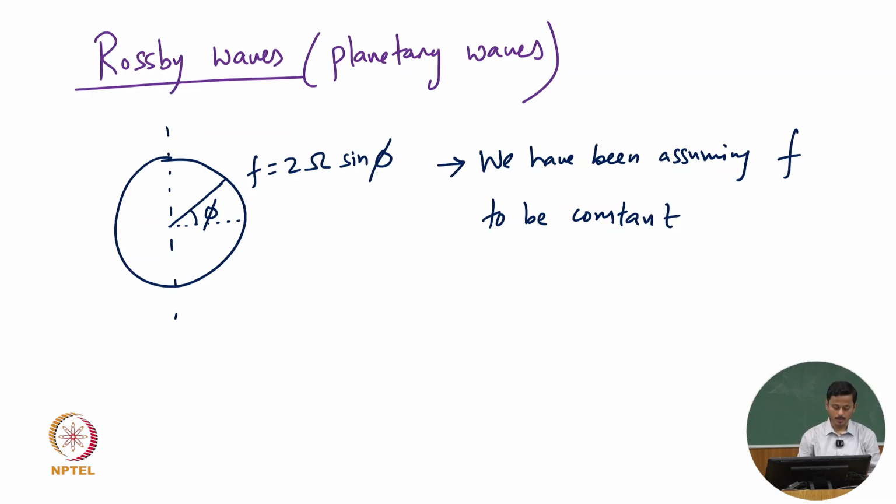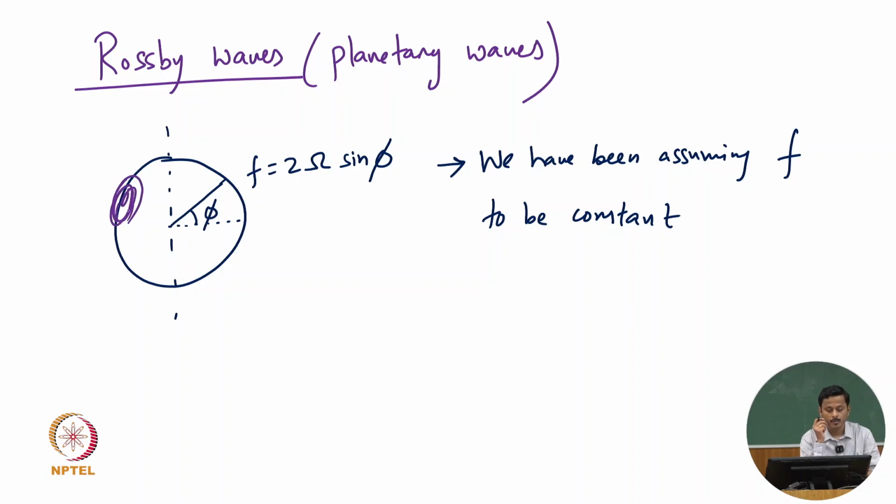However, consider systems with very large length scales, for example a hurricane or a cyclone, which are essentially the same thing with circular motion. Let's say there is something on Earth which is very big.